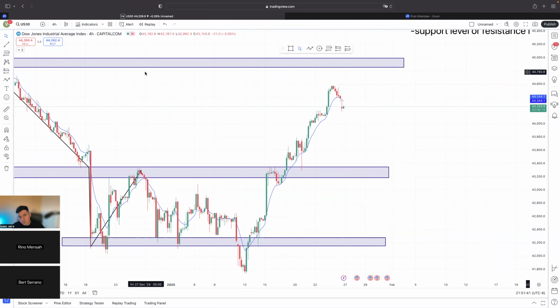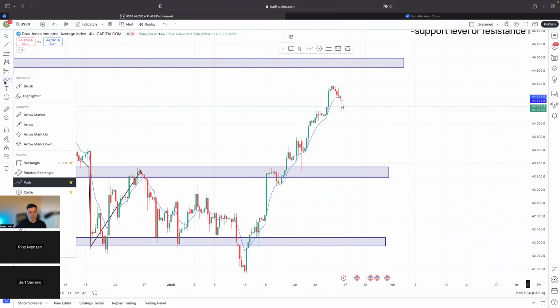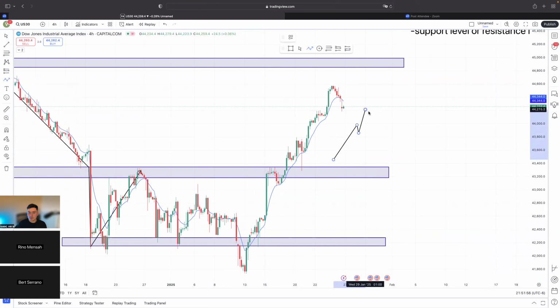As you guys can see, we are in the 4-hour time frame. So usually the price is going to the upside. But the price doesn't always go in a straight line to the upside. It's always doing this. Price never moves in a straight line.